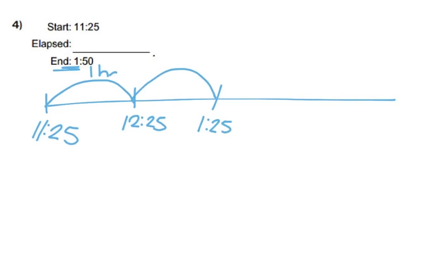So now I want to do 10-minute sized jumps. So one 10-minute sized jump from 1:25 would be 1:35. Another 10-minute sized jump would be 1:45. And look, if I do another 10-minute sized jump, it's going to be 1:55, which is too much. So I'm only going to go up 5 more minutes.